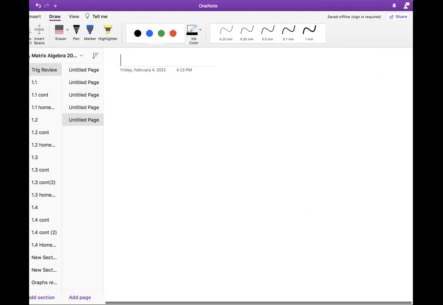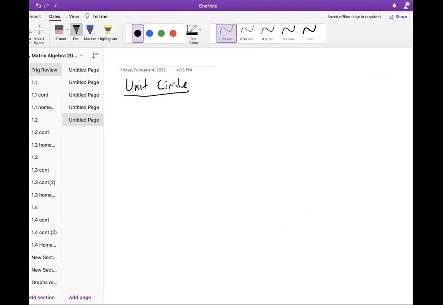Okay, there we go. So now let's look at the unit circle in particular. Why do we care about the unit circle? The unit circle is the circle centered at the origin with radius 1.